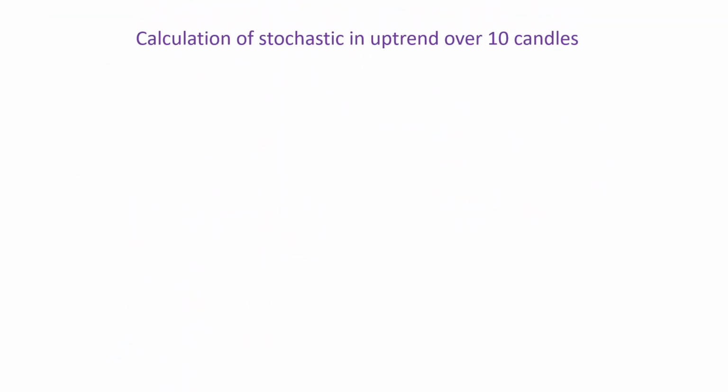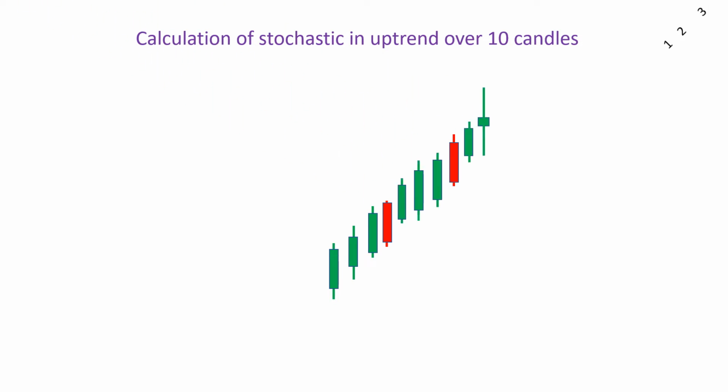In this slide, I'm going to show you how you calculate the stochastic value in an uptrend over 10 candles. Let's assume we have 10 candles in line, and it is in an uptrend direction.